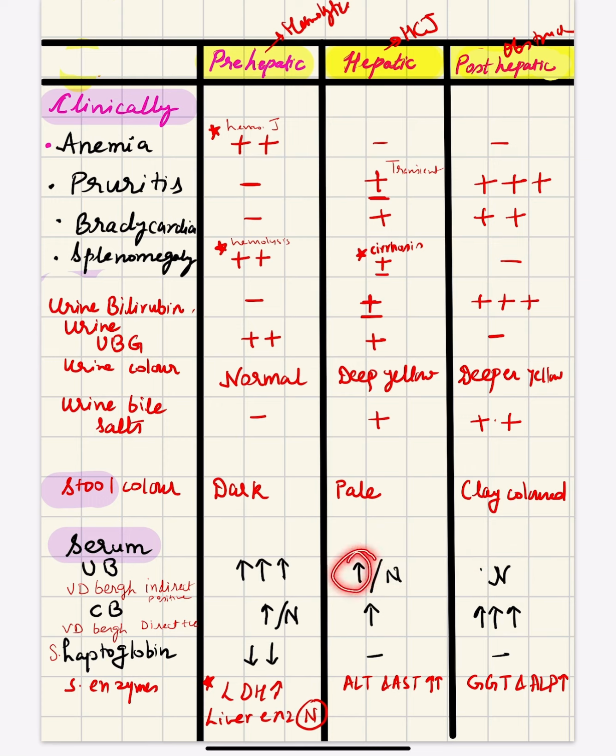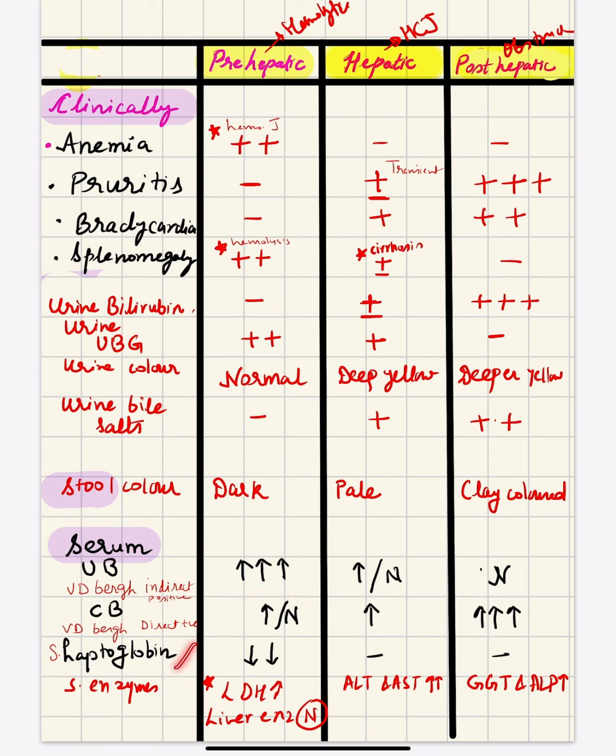There can be some unconjugated bilirubin seen in the blood in hepatocellular jaundice. Conjugated bilirubin is highly increased in post-hepatic obstructive jaundice, increased in hepatic jaundice, while in hemolytic jaundice it will be normal.